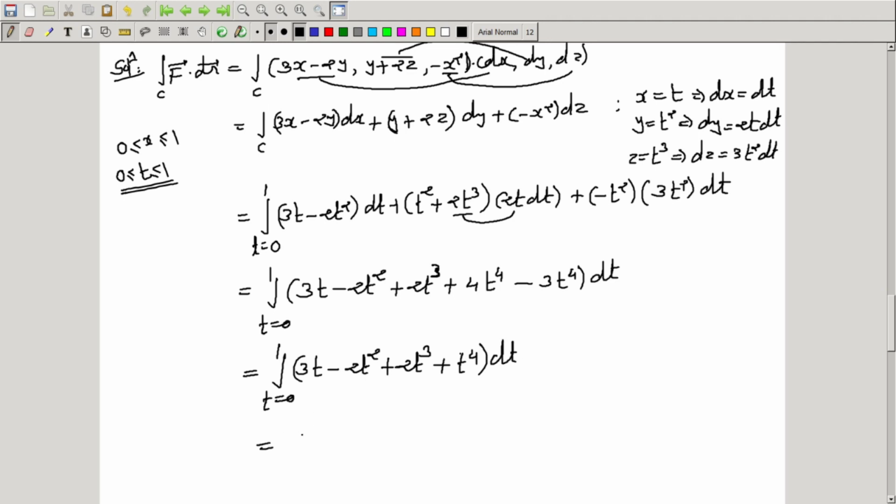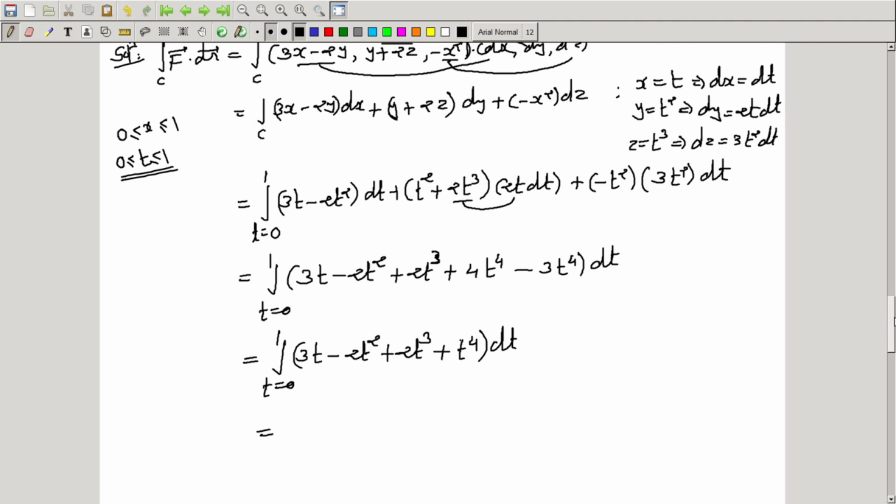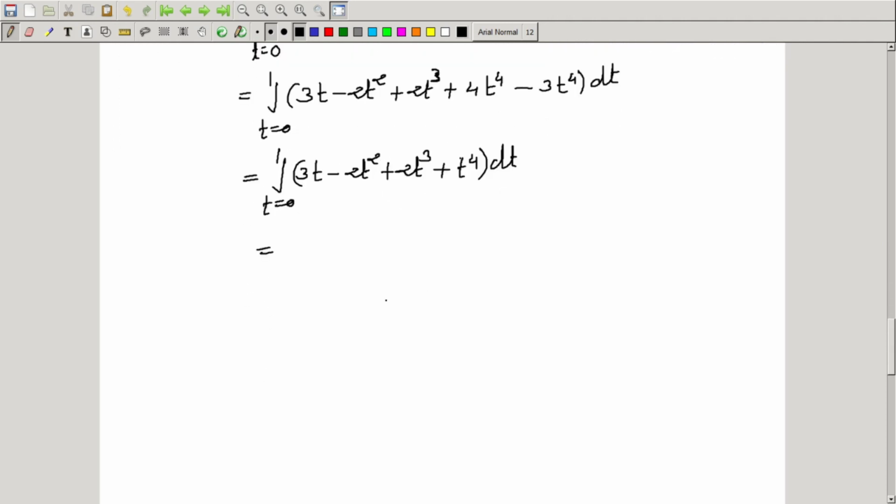So this is equal to 3 into the integration of t, which is t square by 2, minus 2 into the integration of t square, which is t cube by 3, plus 2 into the integration of t cube, which is t raised to 4 by 4, and this is plus t raised to 5 by 5, from t is equal to 0 to 1.